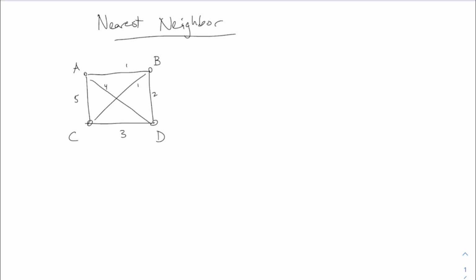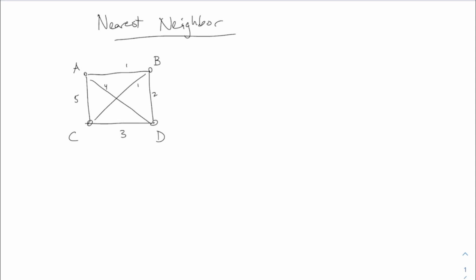And the nearest neighbor algorithm is a way of finding a Hamilton circuit in the graph. That is a circuit which visits every vertex and comes back where it started. The nearest neighbor finds a Hamilton circuit which hopefully has a low total weight.